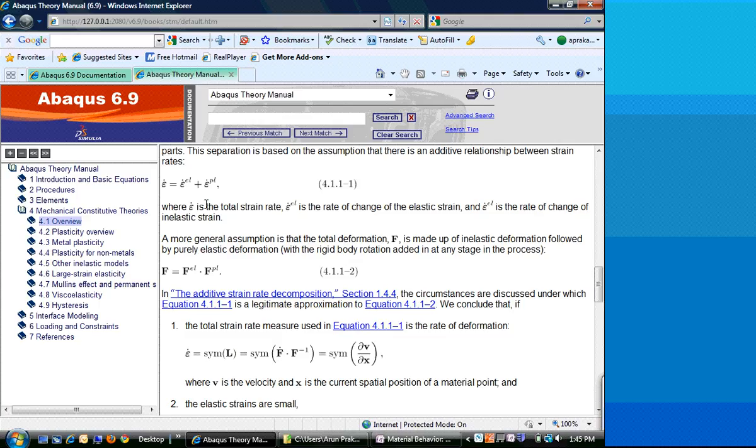That's why I'm emphasizing that when you're using Abaqus, when you go out in the field, you're running some analysis problems, and you want to model a certain material, you have to be able to look at these theory manuals and try to understand what parameters to enter, what things you need.